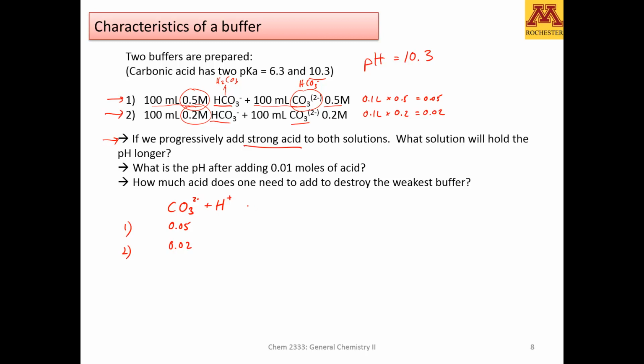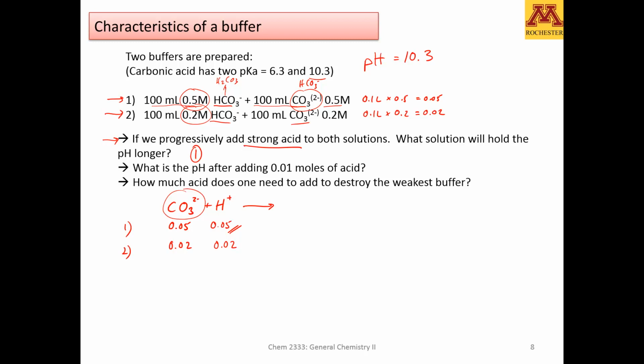The buffer will be destroyed when you neutralize all of the base. So in solution 1 it will take 0.05 moles of acid, and in solution 2 it will take 0.02 moles of acid. Therefore, solution 1 will hold the pH for longer because it takes more acid to eliminate one member of the conjugate pair of the buffer solution.